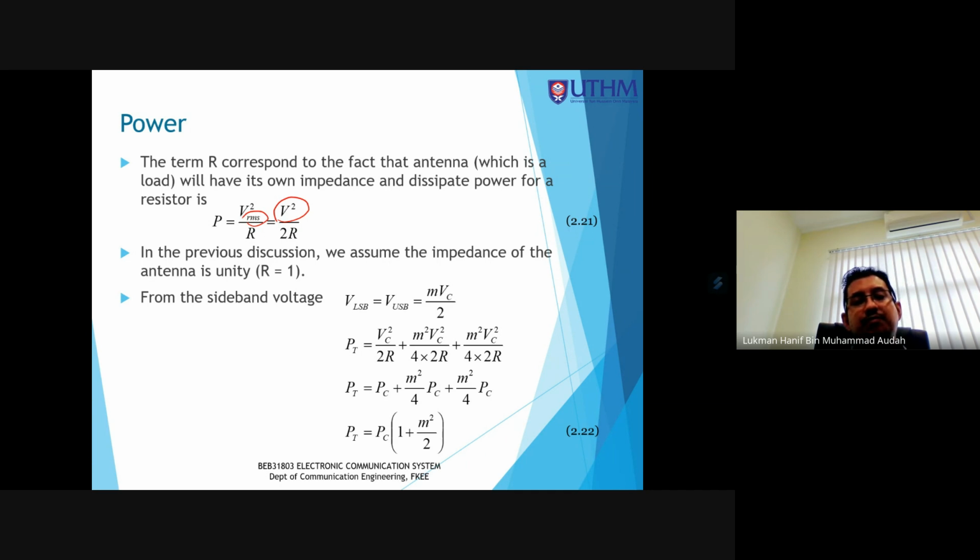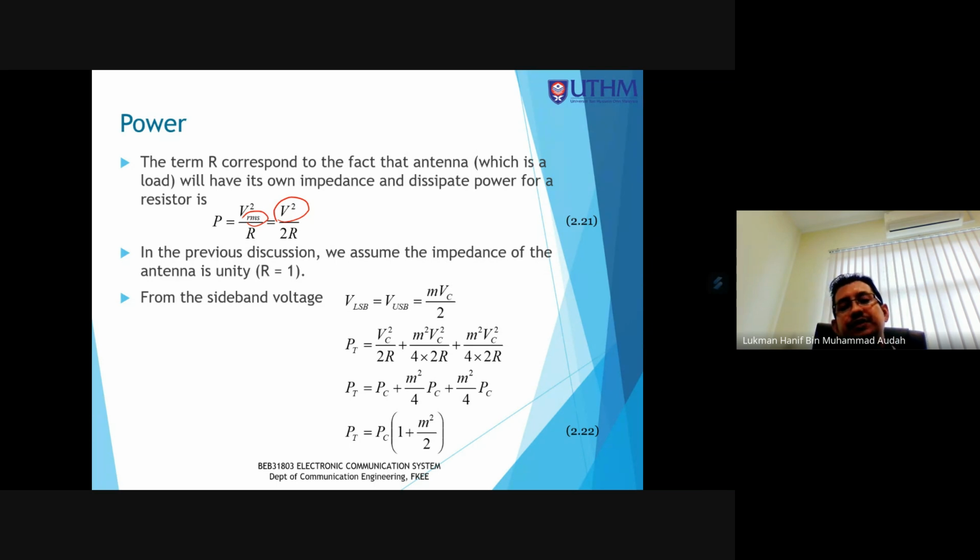Power calculation is still the same from long ago, based on Ohm's law. V equals IR. That means the power is either V square over 2R, or V times I, or I square R.